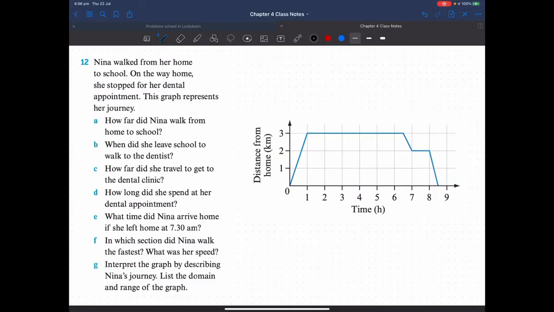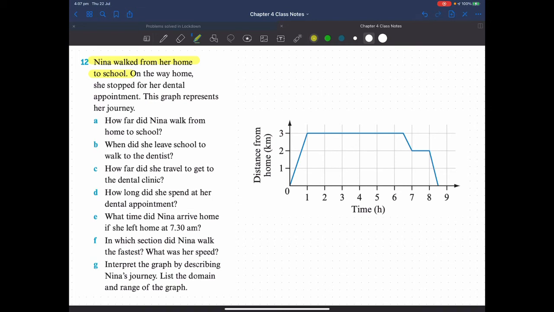Now I'm going to look at question 12 from your textbook. We're given some writing and we're given a graph. Again, I'm going to interpret the graph for you. Nina walks from her home to school. I've highlighted that in yellow.